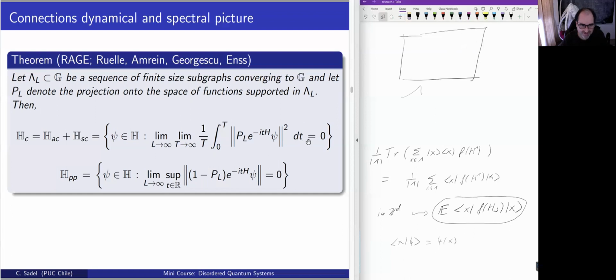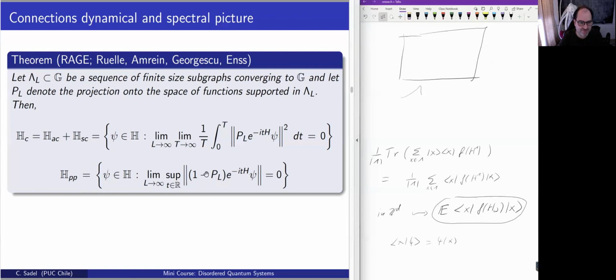So this means that for large L, this will eventually be small. So you're traveling outside the box for larger and larger L. If also T gets large, you will travel outside the box of any size. So this means your particle somehow will travel towards infinity.